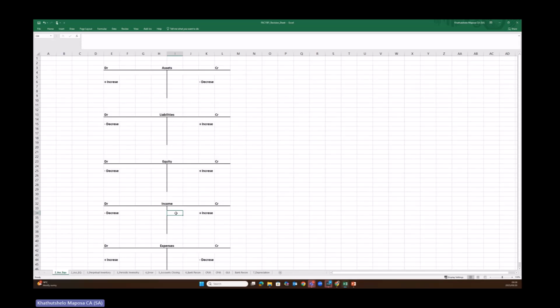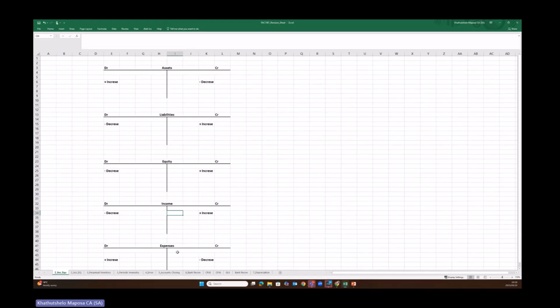In a case where our company owns shares or is a shareholder in other companies, when those companies declare dividends and pay us the dividends money, it becomes income to us. Dividends received is income as well. Services rendered is income as well, etcetera. All those accounts are income.